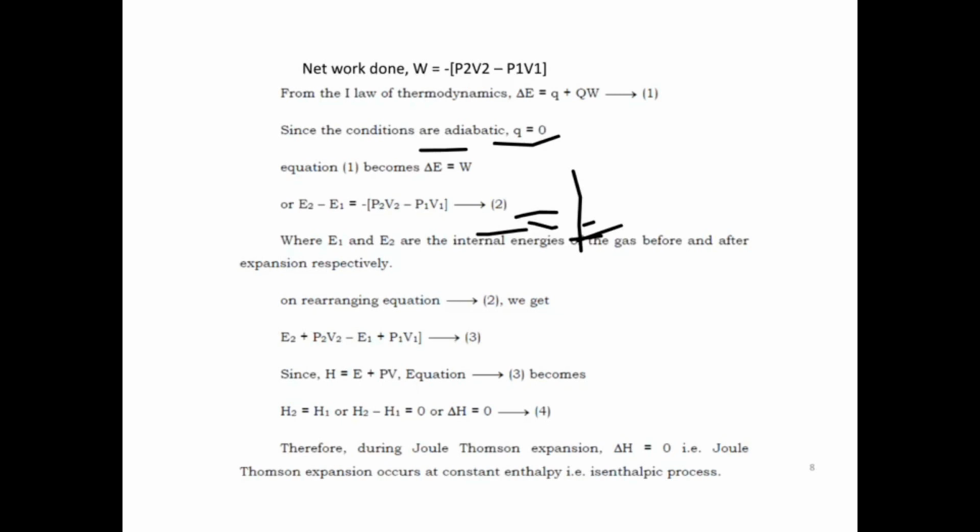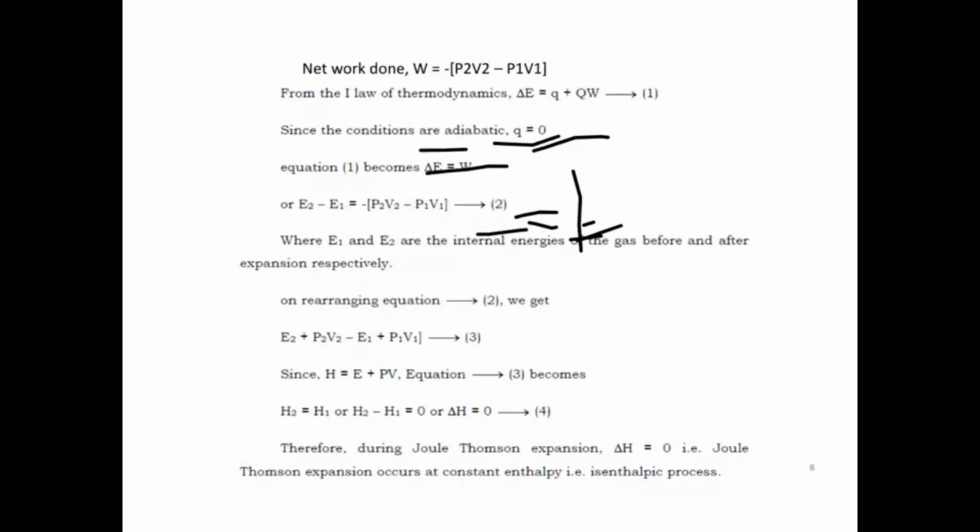So adiabatic, that is where Q is equal to 0. Adiabatic means the transfer of heat to surroundings, there will be no heat transfer between the system and the surrounding. So that's why Q will be 0.